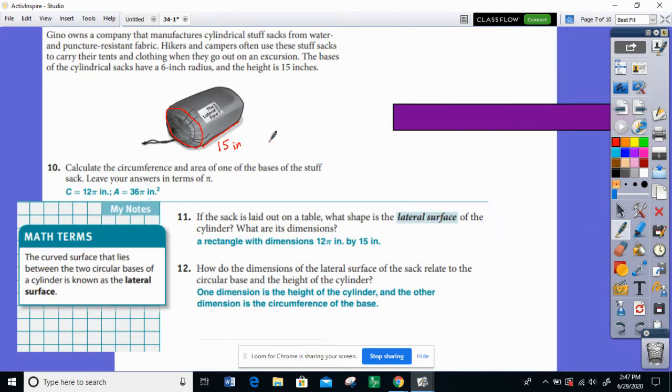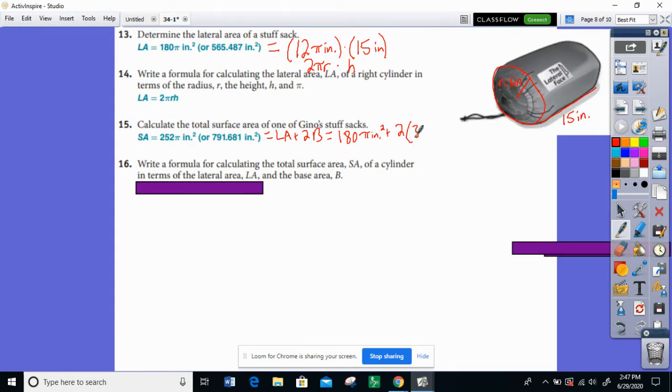What did we get for the area of the base? Well, back here we saw that that was 36 pi square inches. So it's going to be plus 2 times 36 pi square inches. So this is how we get that total surface area of 252 pi square inches.